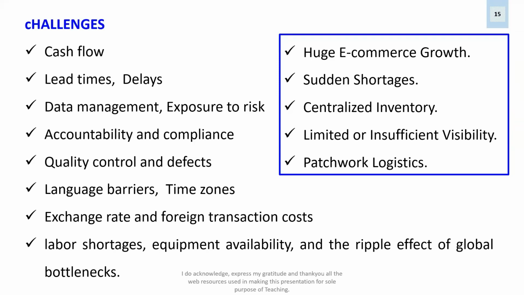Correct. Labor shortage, equipment availability, and the ripple effect of global bottlenecks. So equipment availability, logistic supports availability, and global bottlenecks impacts definitely.